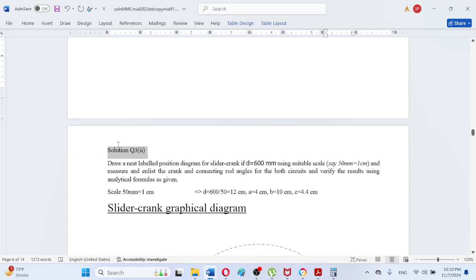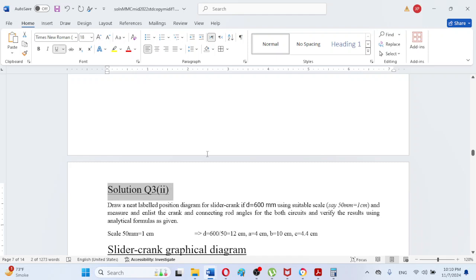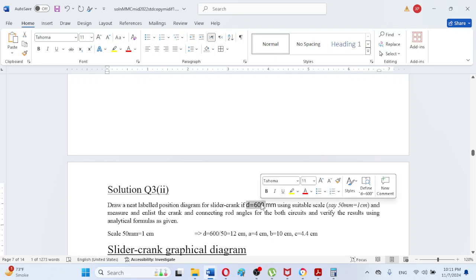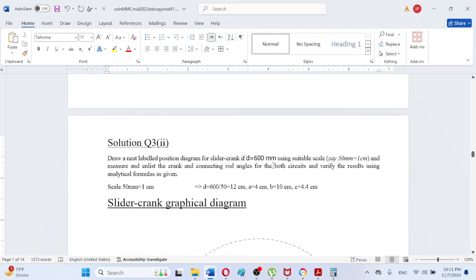Now move to the solution of question number three, part 2. The statement for part 2 is: draw a neat and labeled position diagram for the slider, given D. Here the input D is the slider location, and it is positive, meaning the slider is located in the first or the second quadrant, but assume that it is located in the first quadrant.